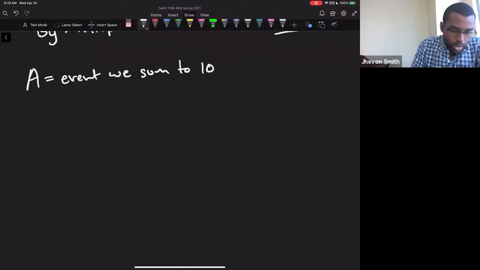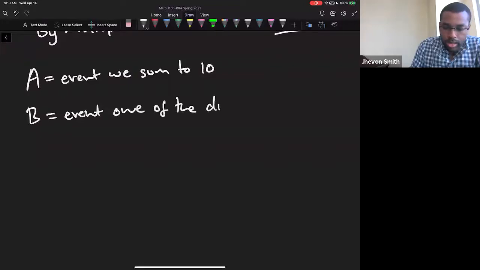And let B be the event one of the dice is 6.